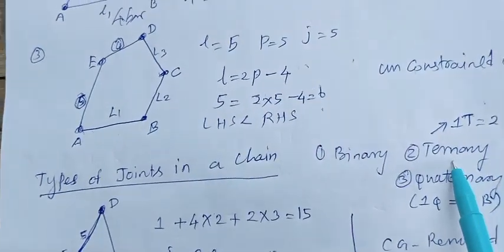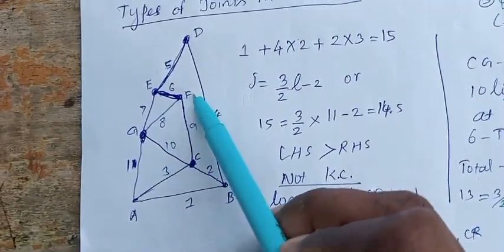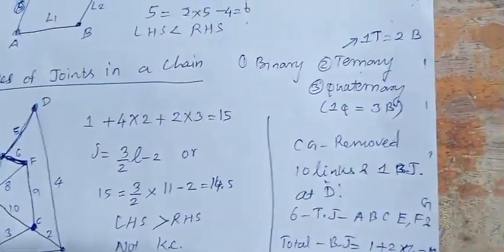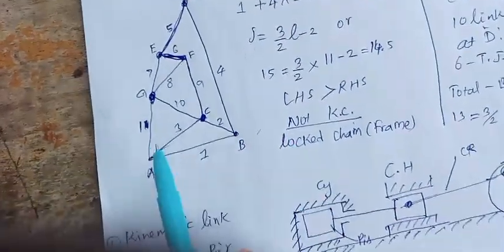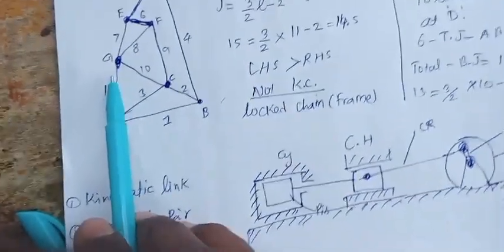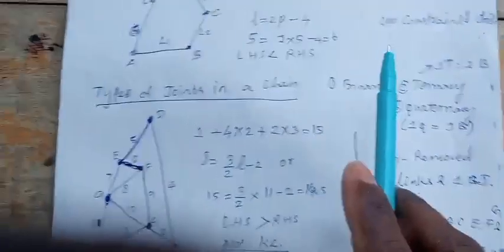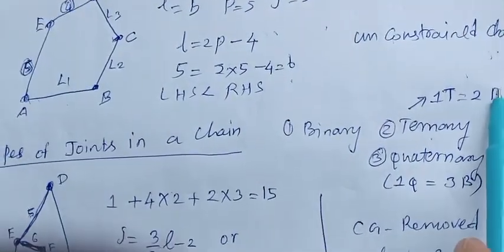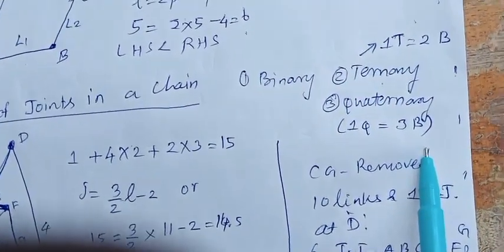And ternary means three links are joined at one connection, a ternary joint. And quaternary joint means four links are joined at one single point. Remember, one ternary joint equal to two binary joints and one quaternary joint equal to three binary joints.